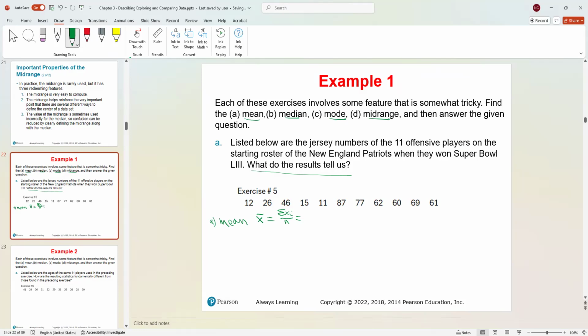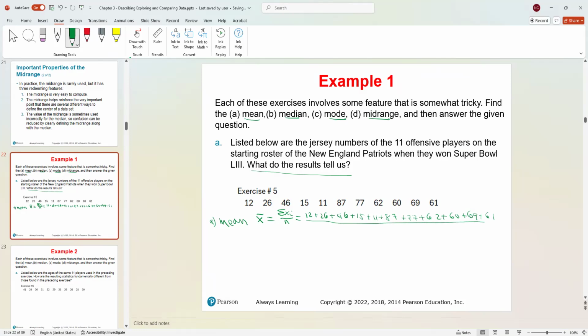Add all the data you have in the data set, like you do 12 plus 26 plus 46 plus 15 plus 11 plus 87 plus 77 plus 62 plus 60 plus 69 plus 61, and count the number of data you have.